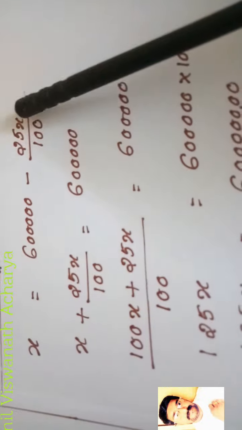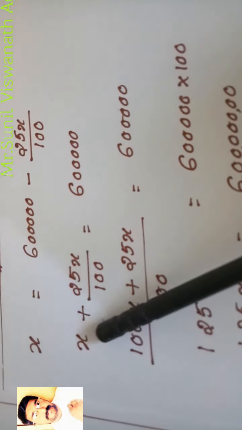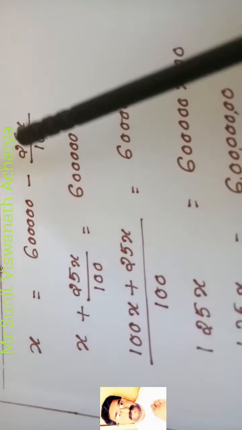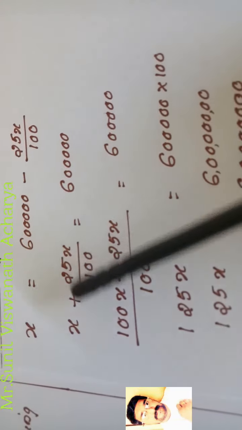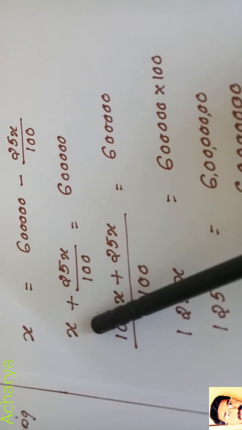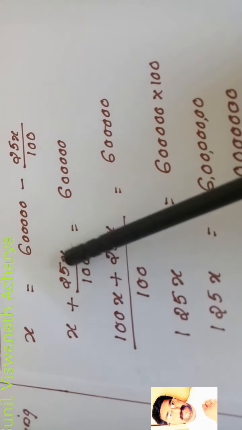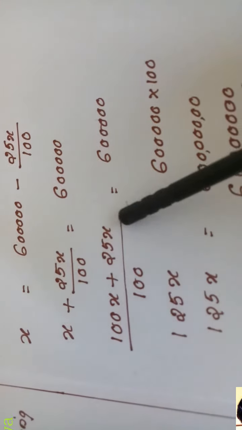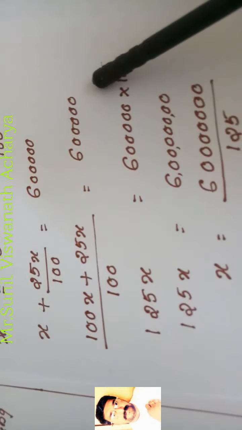This minus 25x by 100 we can bring to the opposite side, and it becomes x plus 25x by 100 is equal to 6 lakh. Cross multiplying, 100x plus 25x divided by 100 is equal to 6 lakh.